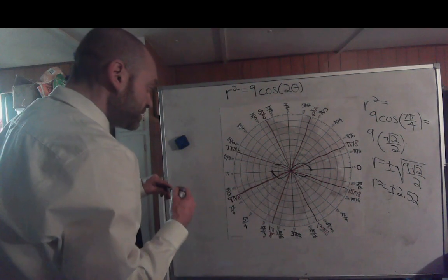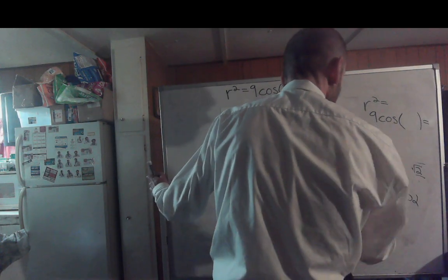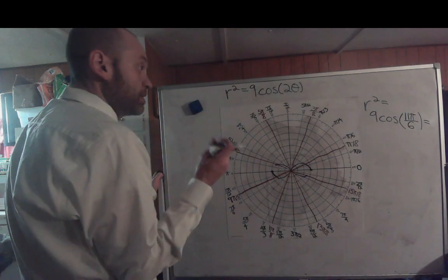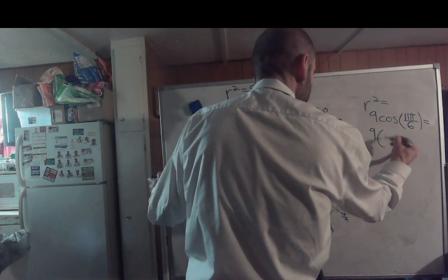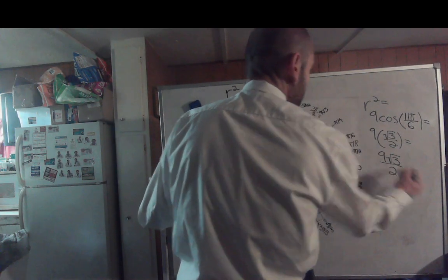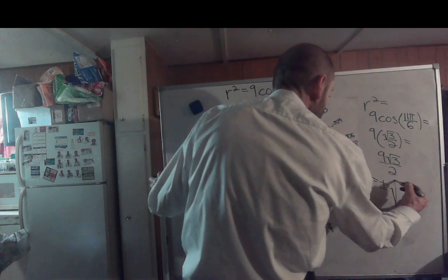And then now let's pick 11 pi over 12. 2 times 11 pi over 12 is 11 pi over 6. The cosine of that is going to be the square root of 3 over 2. So that's just going to be 9 times the square root of 3 over 2 for what r squared is. Well, r would equal both plus and minus the square root of that.